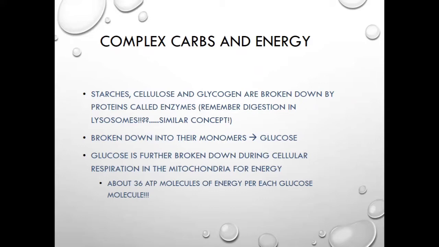So once na nagkaroon po ng respiration, doon nagkakaroon ng breaking down of protein called enzyme. Doon nagbe-breakdown into monomers. And then sabi nga dyan, nagaganap ito doon sa mitochondria for energy.